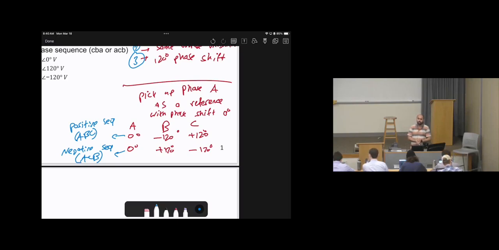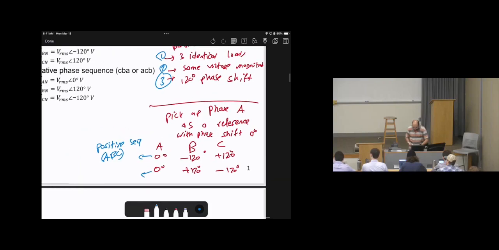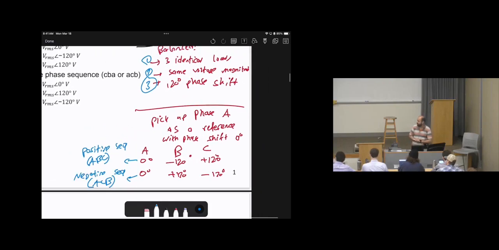Because we're going to use this a lot, not only in 3-phase, but also in motors and in generators. Every time phase A is 0, then negative sequence or positive sequence will determine the status. And remember, all of them share the same magnitude.